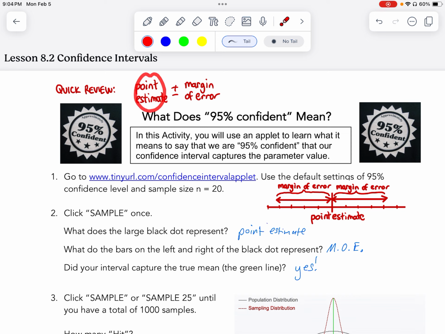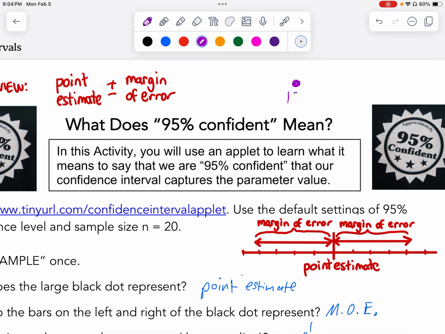So, I could say I'm going to shoot 20 free throws, and my point estimate is I expect to make 12. And then I could go up three maybe or down three. I'm just making this up. So up three would bring me to 15, down three would bring me to 9.